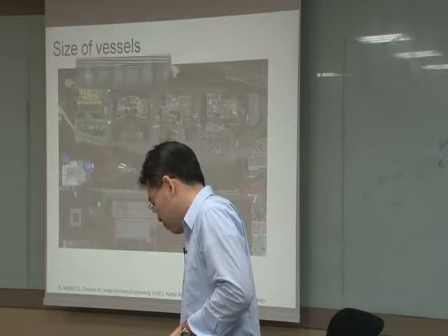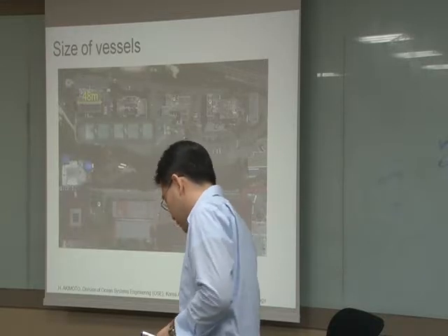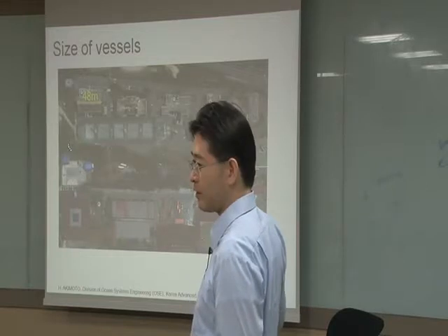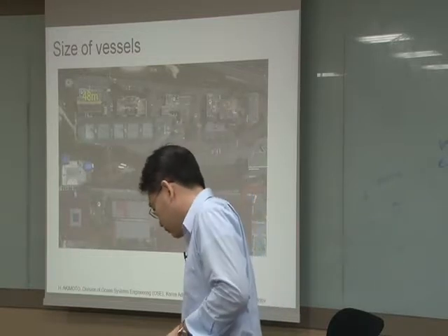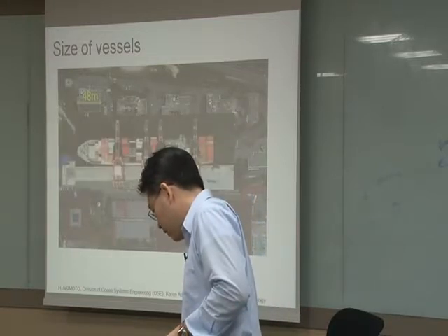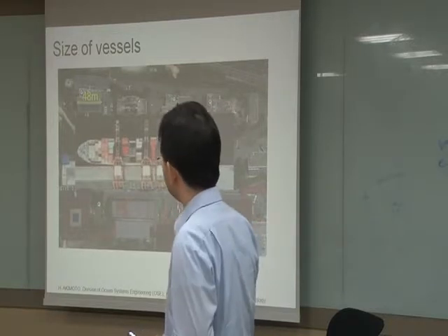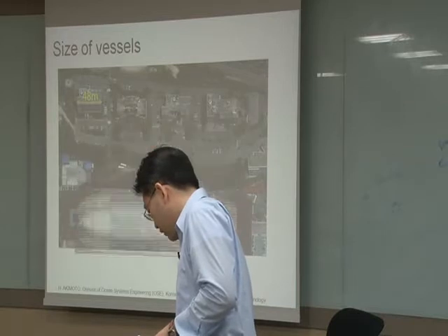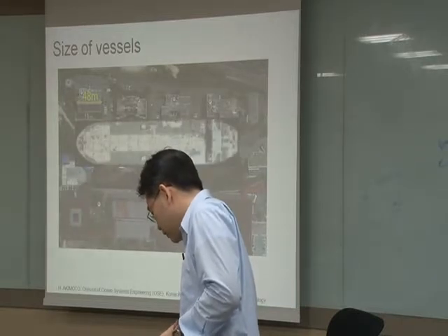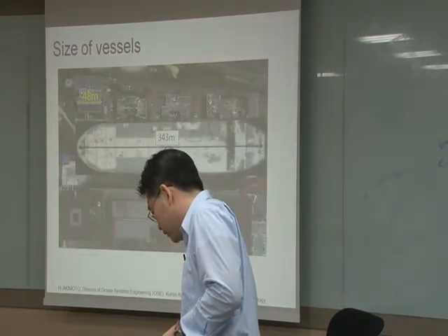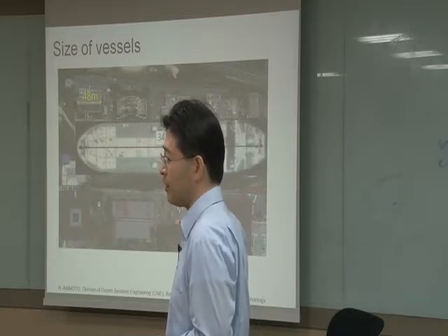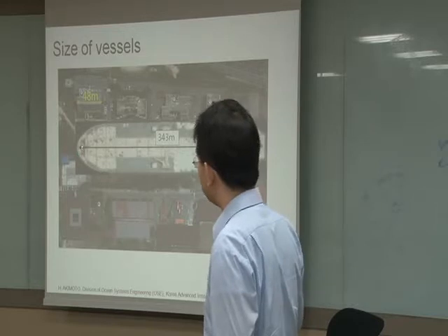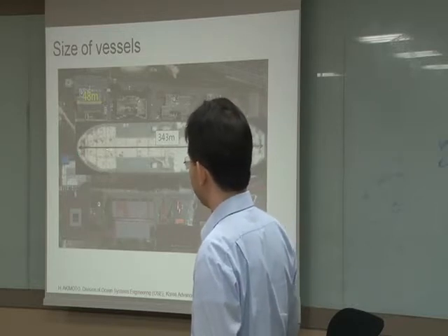If we place the Panamax vessel, it will be like this. And over it the Panamax container vessel, and the Suezmax, and this is Esso Osaka. The vessel hung in the entrance will be this size in actual scale.